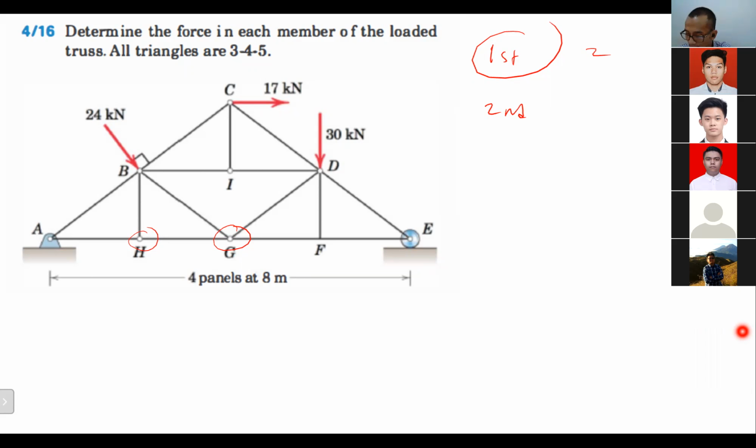A roller can give a vertical force. So basically, there is no first type of zero force member here. But there are a lot of second type zero force members.